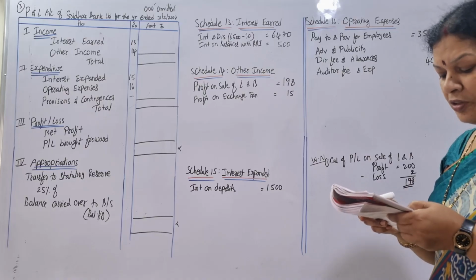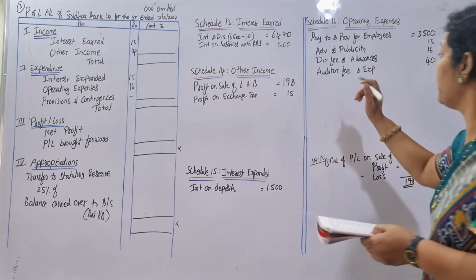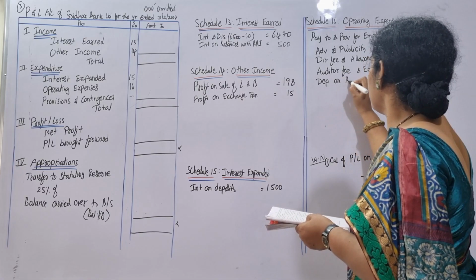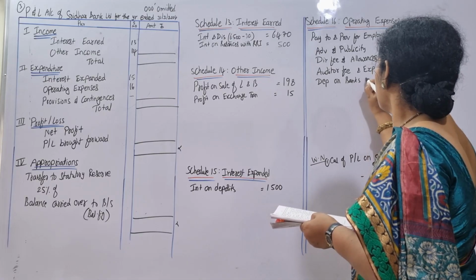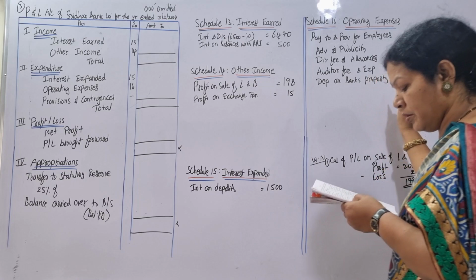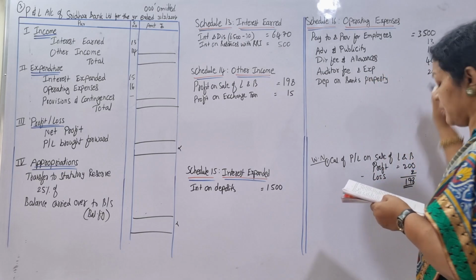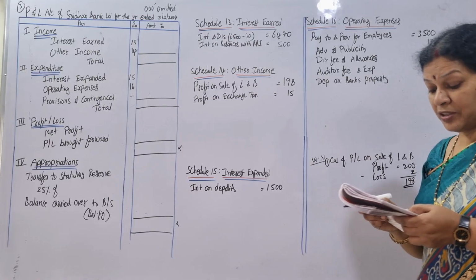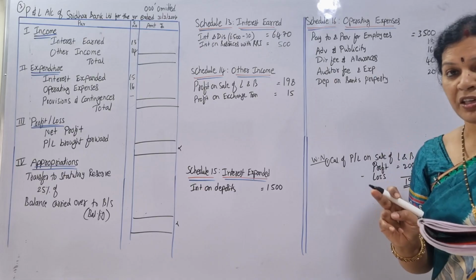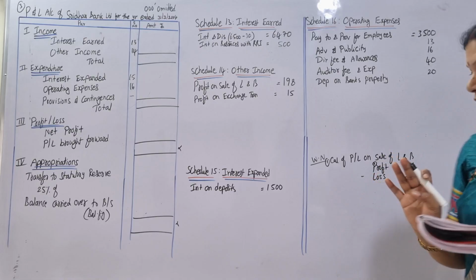Next, depreciation on bank's property. This is also operating. Depreciation on bank's property. 20. Profit on sale of investment. Here also we have two transactions. One is profit on sale of investment, another one is loss on sale of investment.